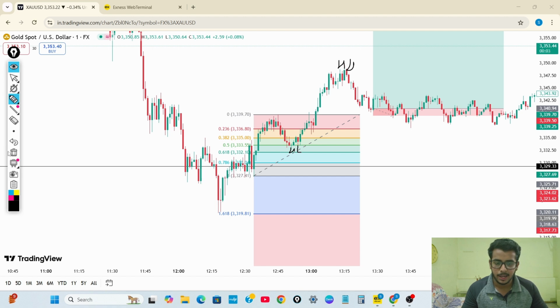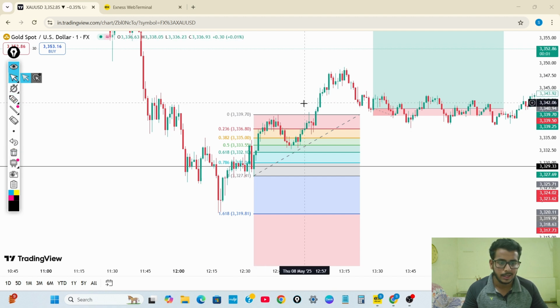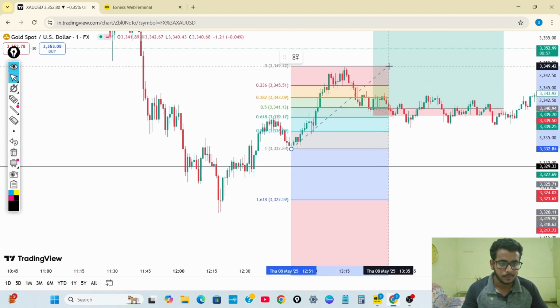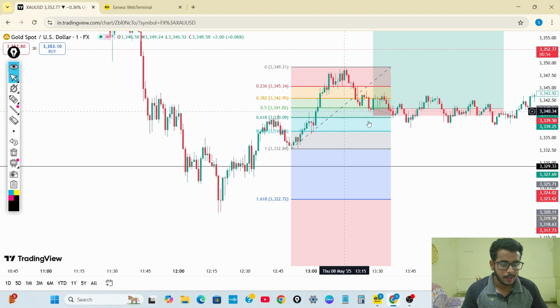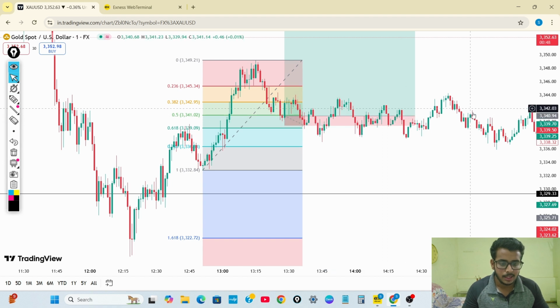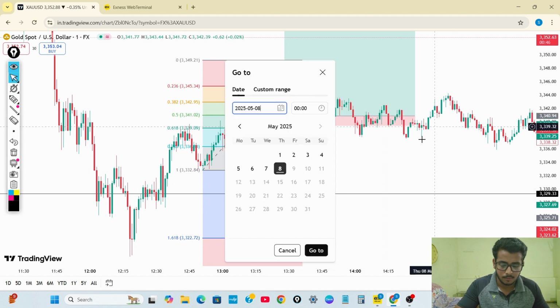I waited for the higher high to form, and after that I again drew a fib level from swing low to swing high. This is the fib level which I made, and as you can see, the place where I took the trade is still marked on the charts.